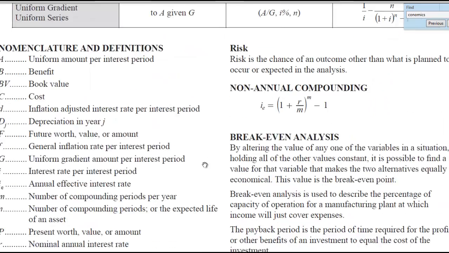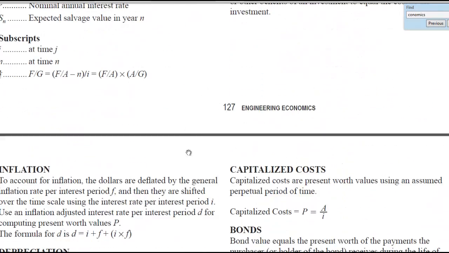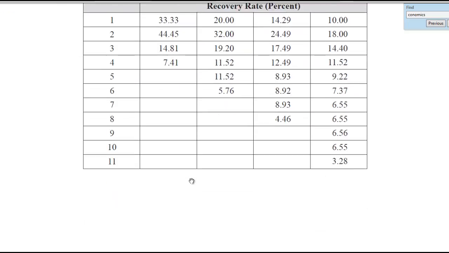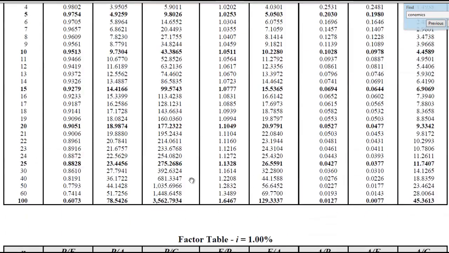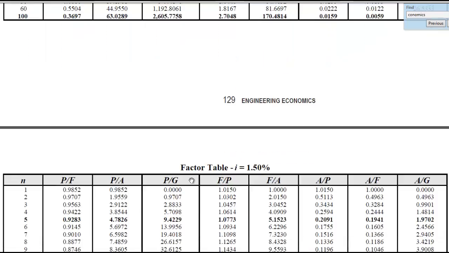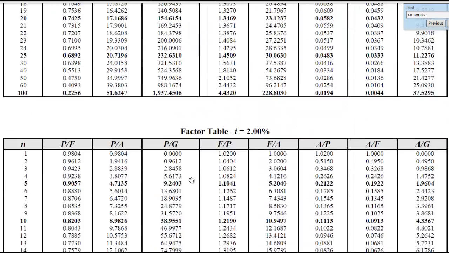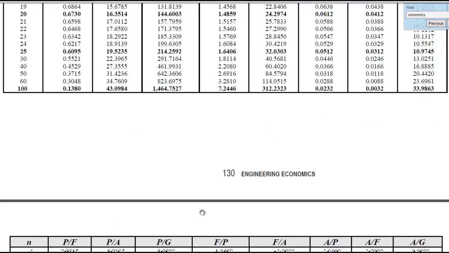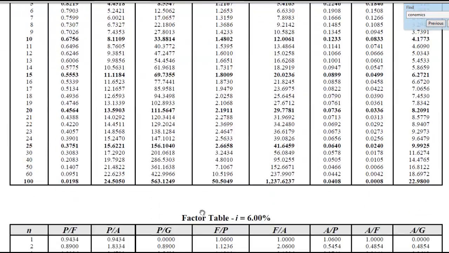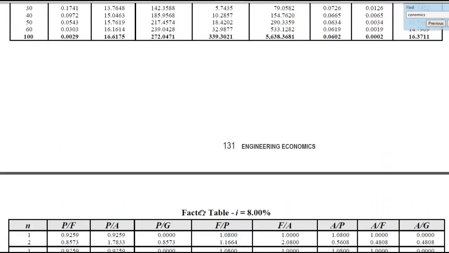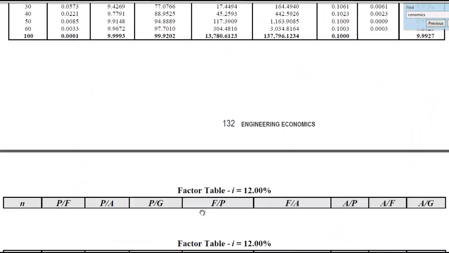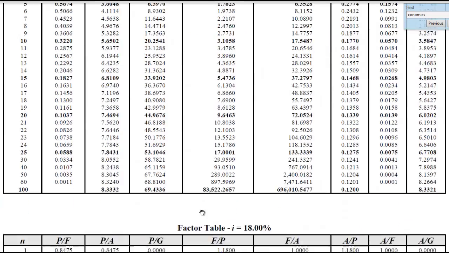I don't know if there's a 15% here though. I don't remember seeing that, but we can approximate it, because 15% is between two values anyway, right? So whatever those values, we can maybe use interpolation or some type of math method. 6%, 8%, 10%. Yeah, this is even, so I don't think 15 would be here.